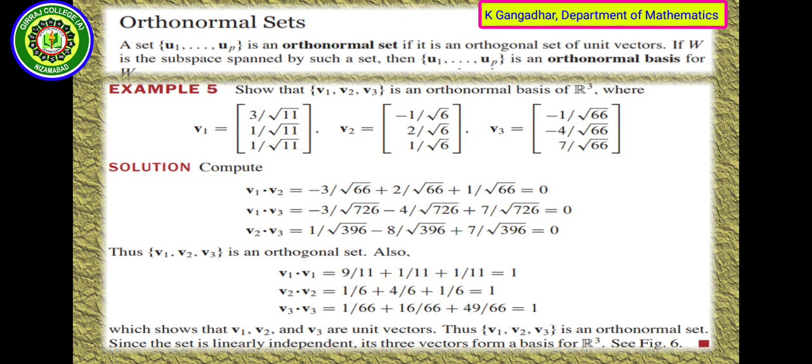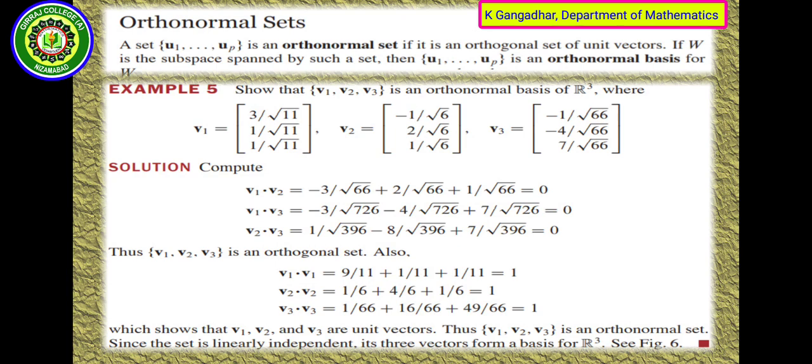If W is the subspace spanned by such a set, then u1, u2, up is an orthonormal basis for W. So the set is an orthogonal set of unit vectors, and if this set is a basis, then we say that it is an orthonormal basis for W.